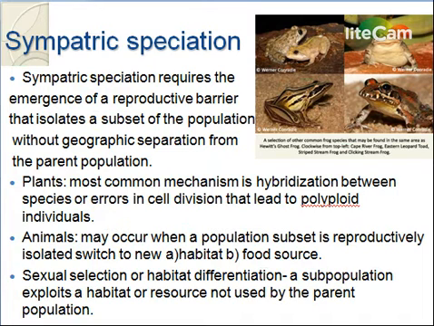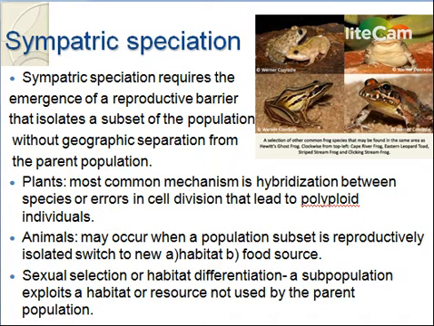And again, there's not going to be a geographic separation from the parent population. So, using examples of different organisms, in plants, the most common mechanism by which we're going to see sympatric speciation is through hybridization between two different species or through errors in cell division, both of which lead to a polyploid individual.